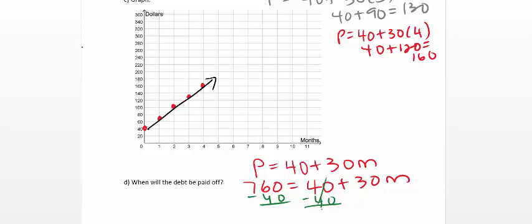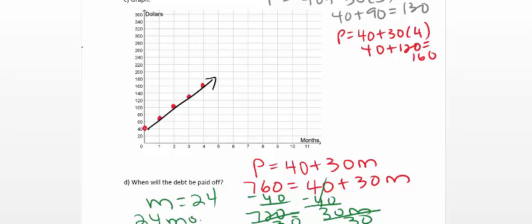And we get 30M is going to equal 720. And then we can divide both sides by 30. And then 720 divided by 30 is 24. So it's going to take 24 months to pay off this dishwasher.